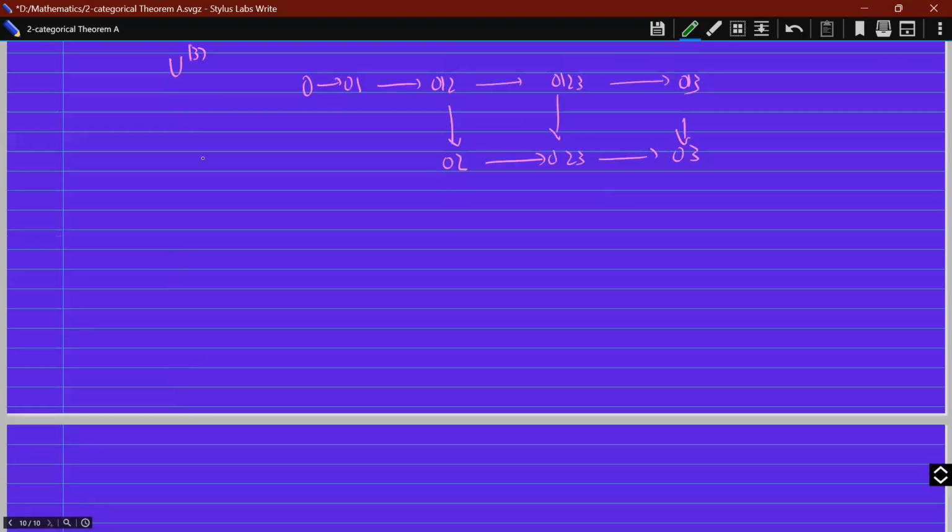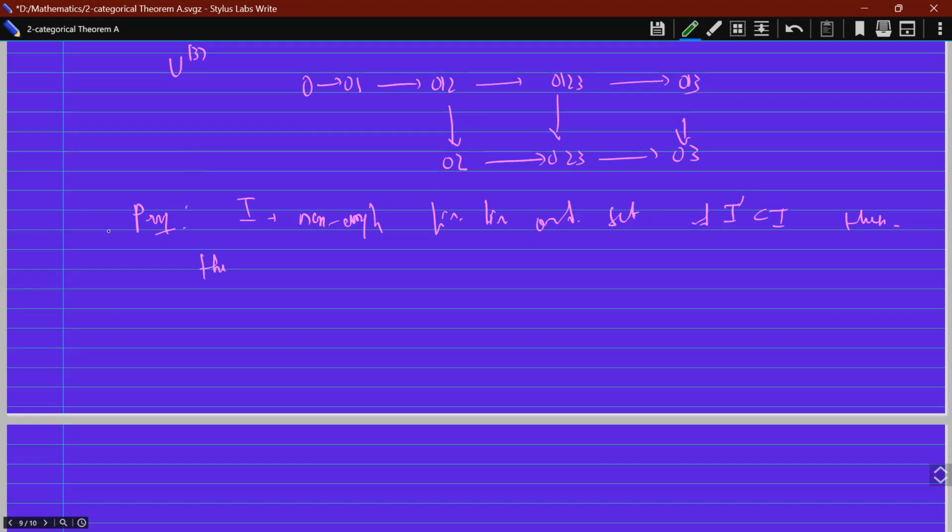Okay, so proposition. Again, I is a non-empty, finite, linearly ordered set, and suppose you take a subset, then we'll see that we'll use this later. So let me call this proposition maybe star.